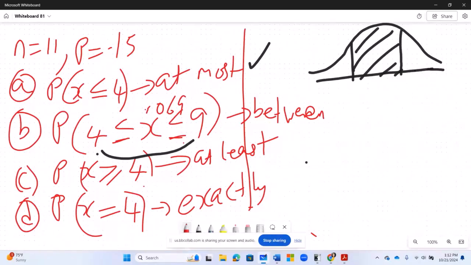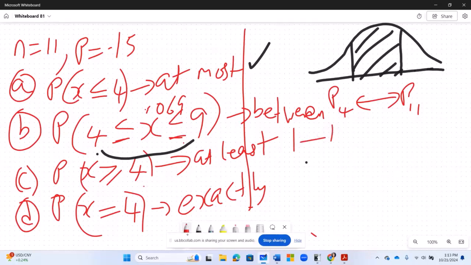In other words, I'm looking for the PDF of 4 to PDF of 11, inclusive, from 4 to 11, all of them. Okay, and I can do that using my calculator. So this is the argument. Because I am accumulating from 4 to 11, I will do complement.